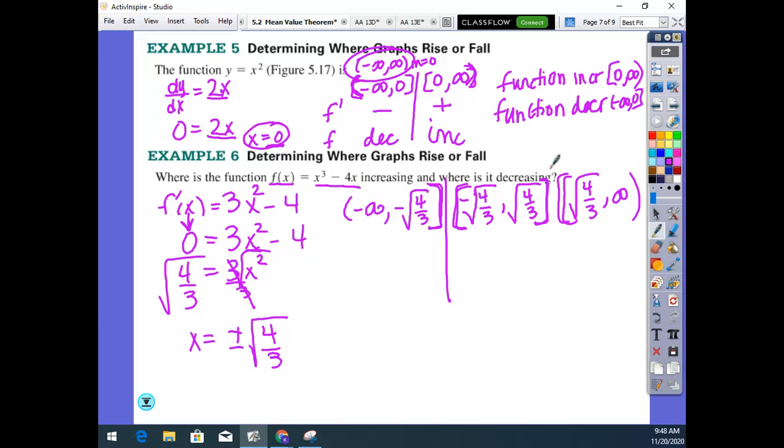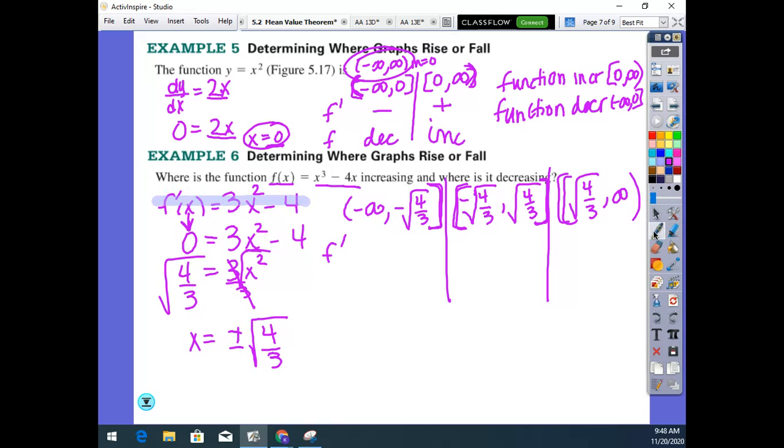All right, so I have 3 separate intervals. We're looking at f prime, and the square root of 4/3 is maybe just a little over 1. So let's pick -2, plugging it back into the derivative equation.